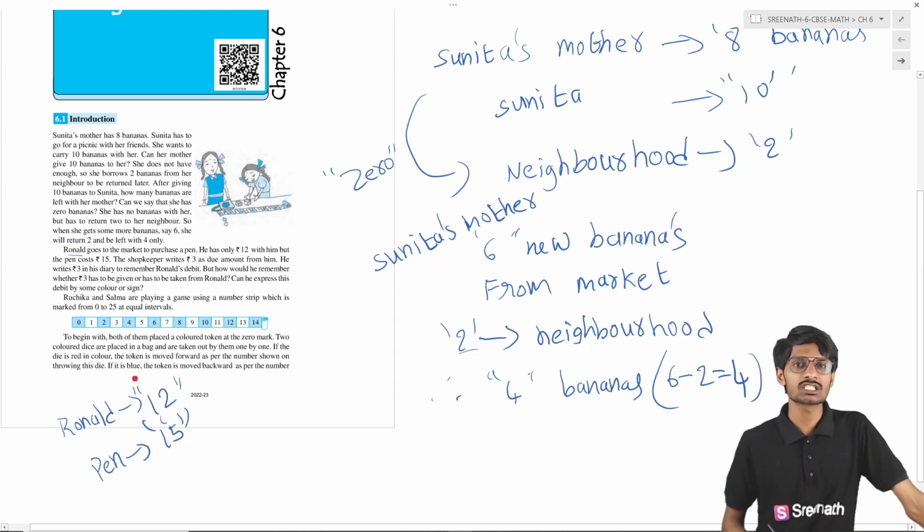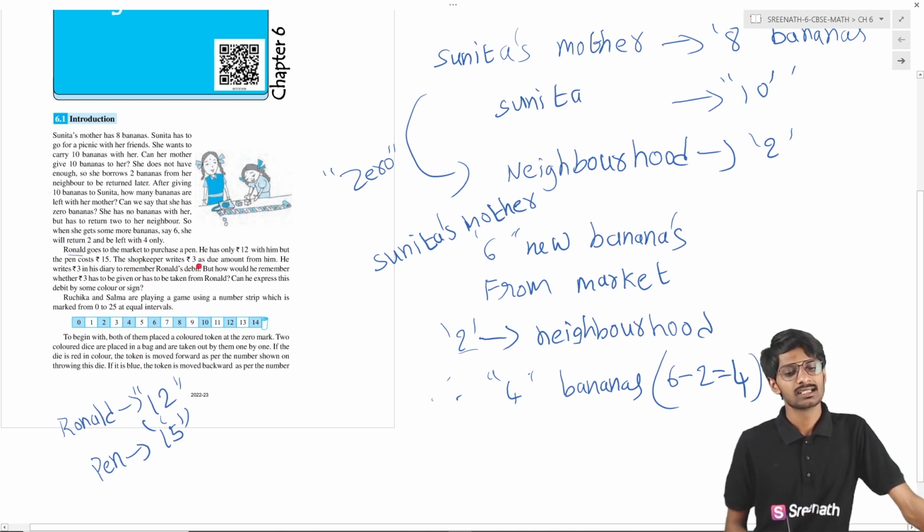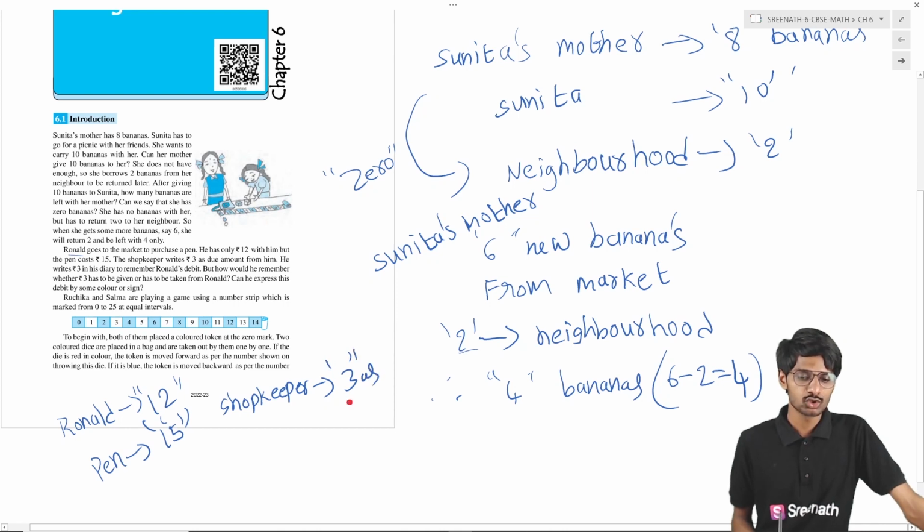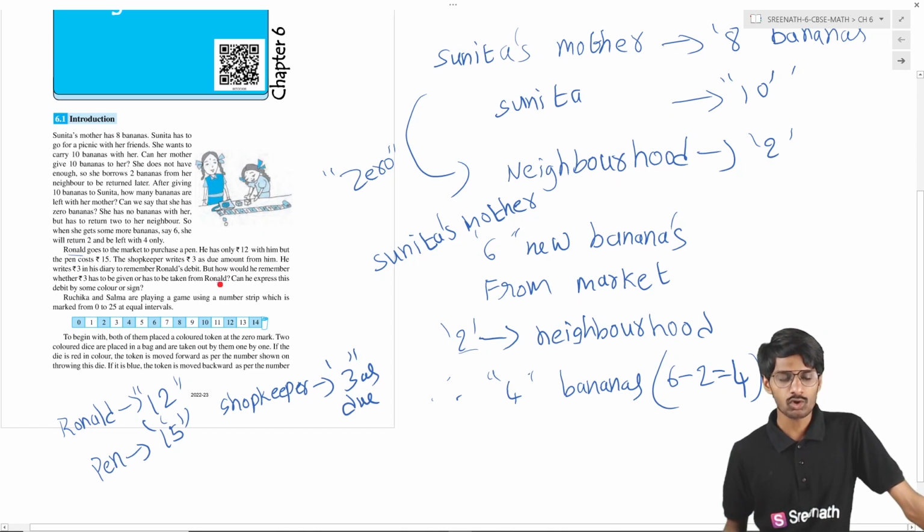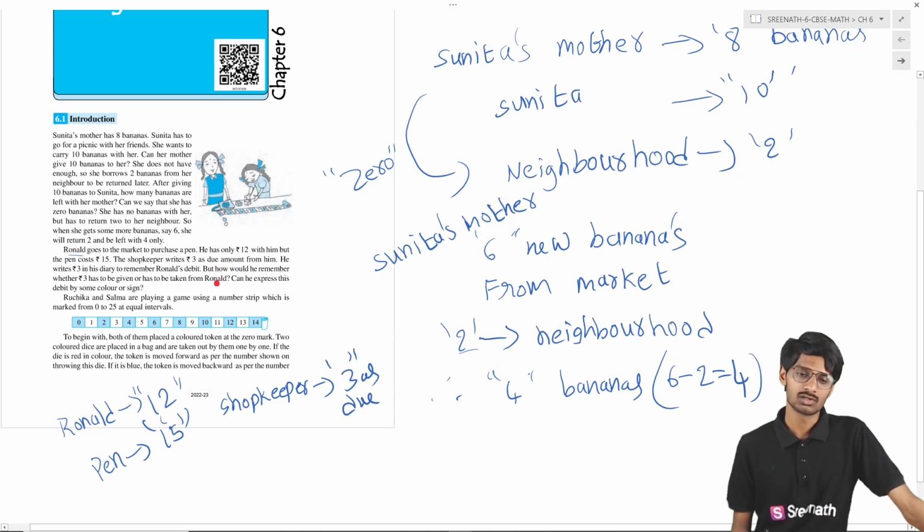So in this case, what will the shopkeeper do? The shopkeeper writes 3 as the due amount for him. The shopkeeper has written 3 as due, which means he has to give 3 rupees more to the shopkeeper after some time.